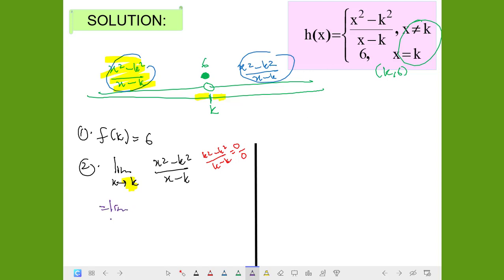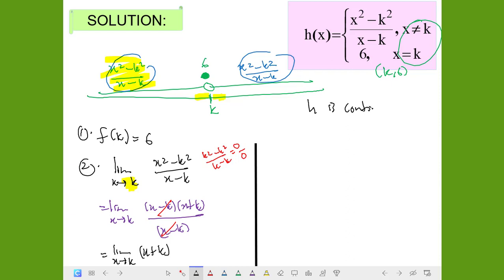Go to the limit, factorize: x minus k times x plus k over x minus k. Cancel. It is equal to the limit of x plus k as x approaches k. Now, given f is continuous, it implies that step 1 is equal to step 2.